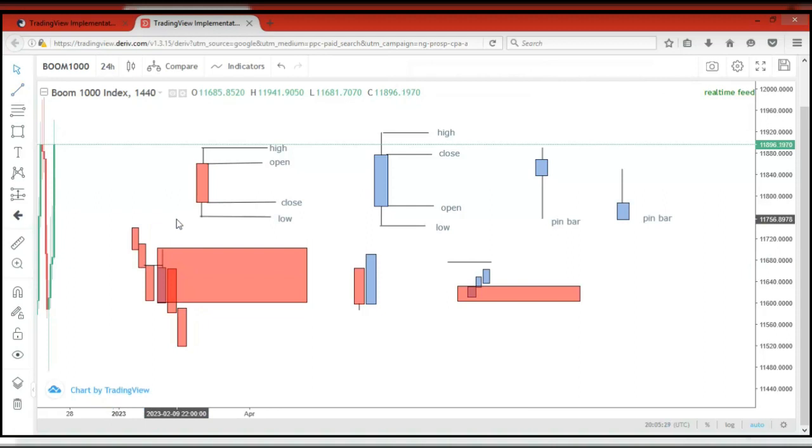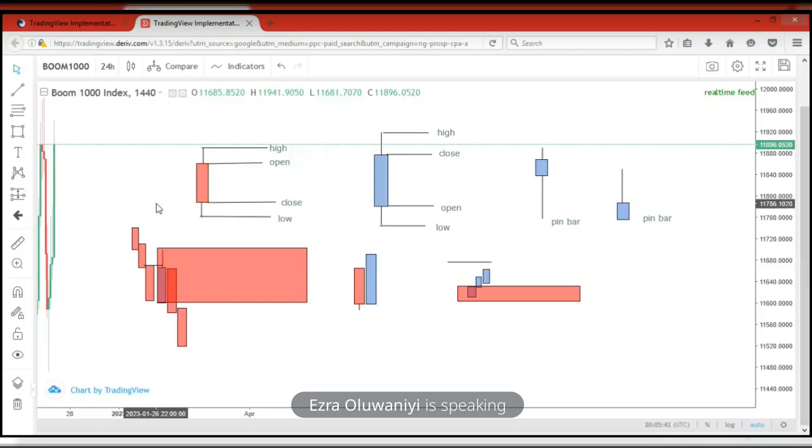Yes, sir. Whatsoever makes price create a high and then continue to create a lower low, it means smart money played a manipulation there. So this is what people refer to as manipulation in the market. So price was manipulated here and then there was a continuation.